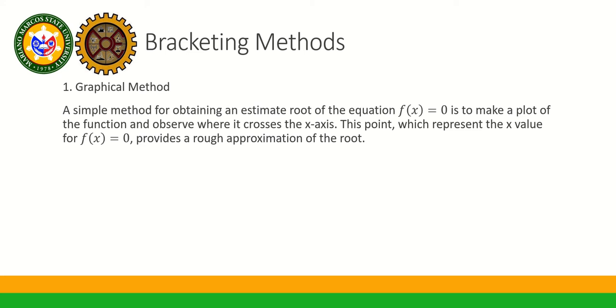So this point, which represent the x value for f of x is equal to 0, provides a rough approximation of the root. So dito mag-graph ka. Okay, so this is also an assumption. Assumption yung gagawin natin dito.